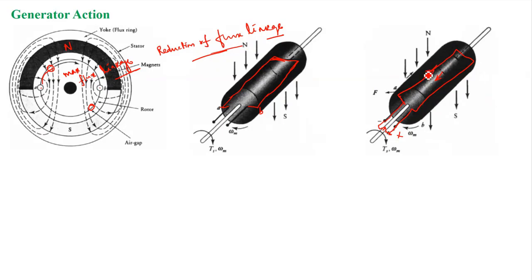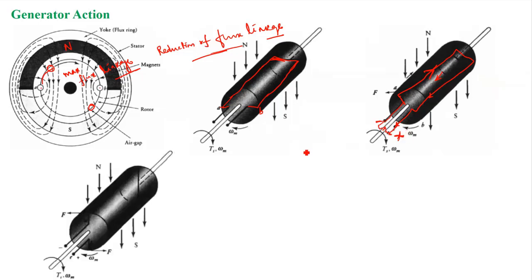So your current needs to flow from A to B. So if I put one resistance here across these terminals, then obviously the current will flow like this, right? So terminal A will become positive and terminal B will become negative, right? So now move to the next rotation part.